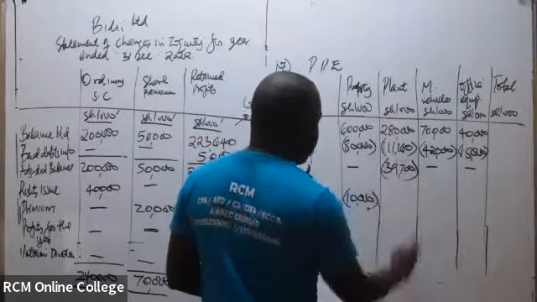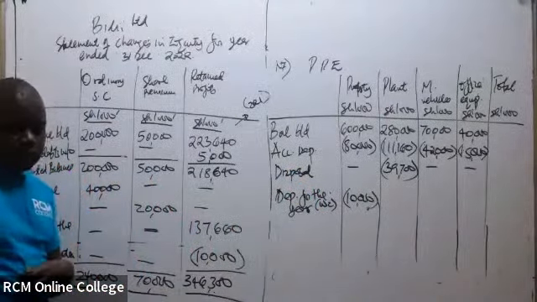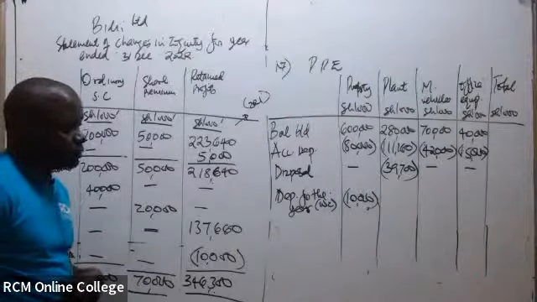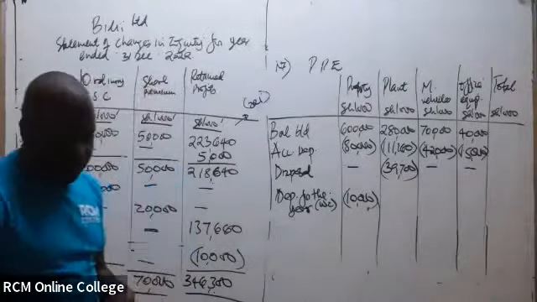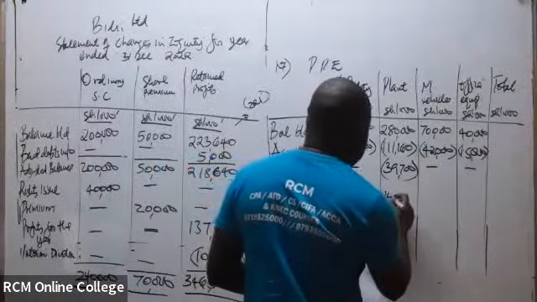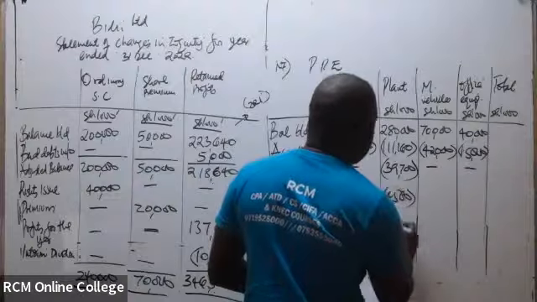What about plant? For plant, we are getting how much? It was 14,500. What about for motor vehicles?